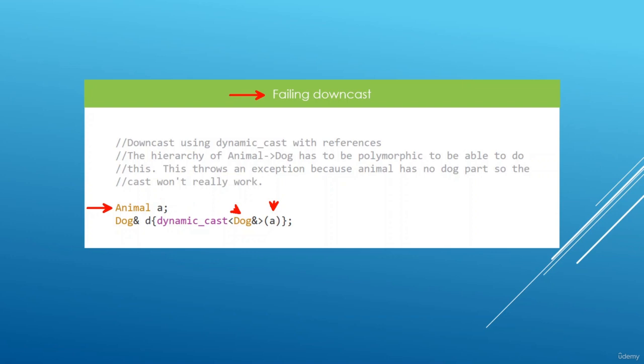If we try to cast this to a dog reference, the cast is going to fail, but because this is a reference, notice that we are not casting to a pointer. We have no way to mean that we're going to get a null pointer if we do this cast. So this is going to silently fail and it is going to crash your program, but we can recover from such a problem using exceptions, and this is going to make our program much safer.